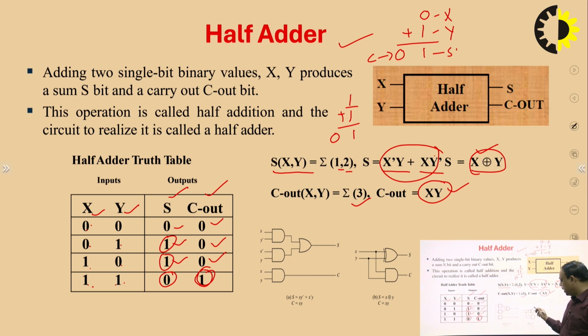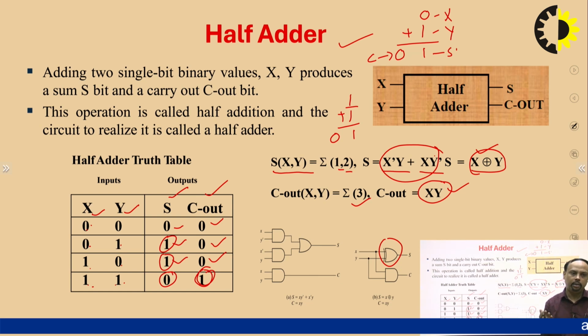As we know, the XOR gate is a special gate, so sometimes we prefer not to use an XOR gate. We can use our basic logic gates like AND gate and OR gate instead. If we use the XOR gate, we have the XOR of XY, and similarly the AND of XY, which produces sum and carry, that is the half adder. A 2-bit addition is performed with the help of this logic circuit.